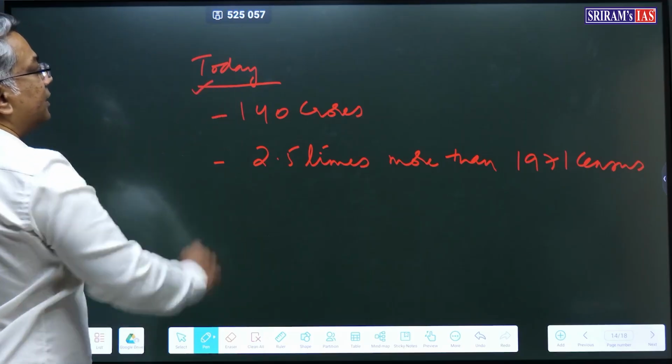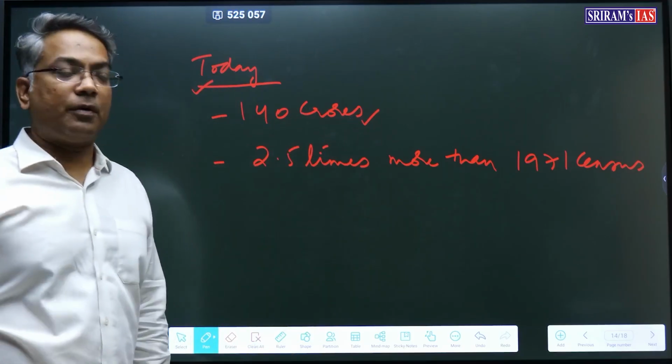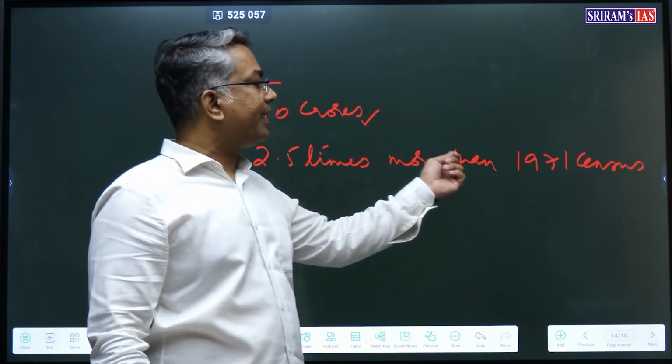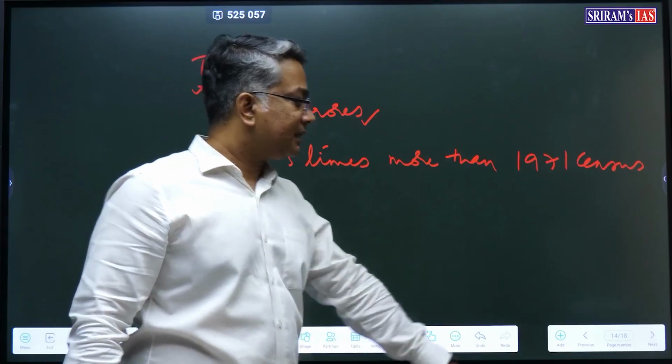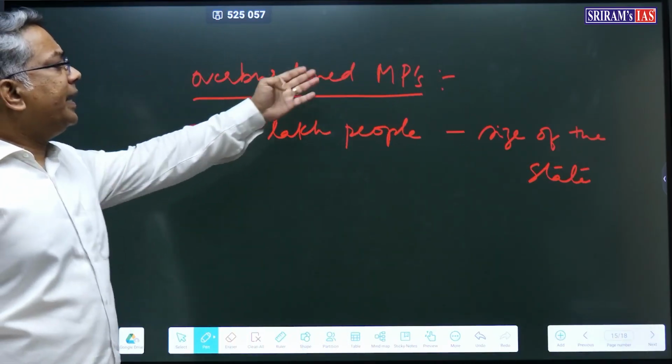Now today, the population of India is 140 crores, and it has increased 2.5 times more than the 1971 census. Now, overburdened MPs.